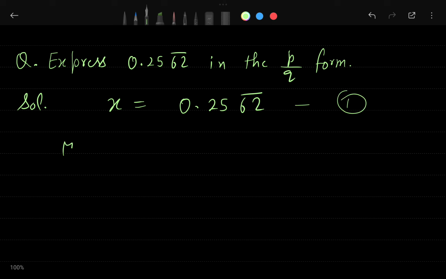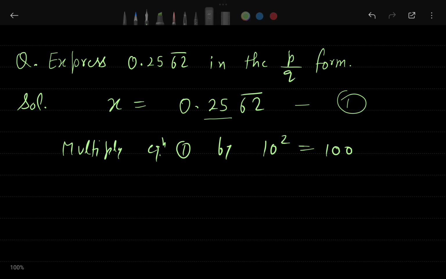Now we will multiply equation 1 by 10 to the power 2, which equals 100. Why 10 to the power 2? Because here two digits after the decimal are not being repeated. So observe the difference in both cases. Earlier we used to see how many digits were being repeated, and according to that we used to multiply by a power of 10.